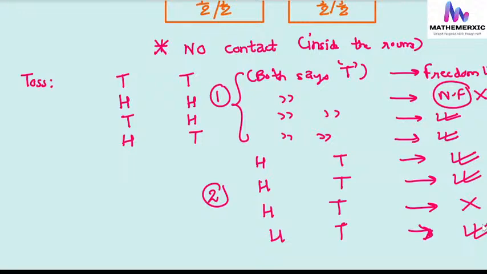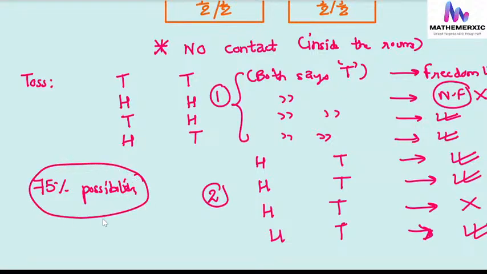So guarantee is not possible. 75% possibility of free is there with every possibility. 75% only, 100% is not there. With this kind of strategy before, the prisoners can't guarantee freedom.